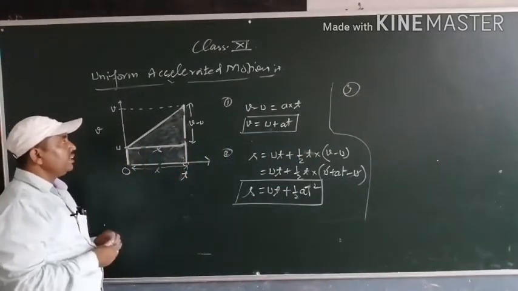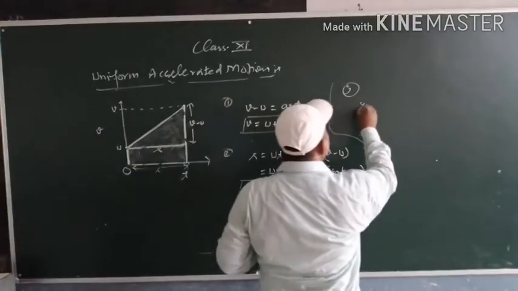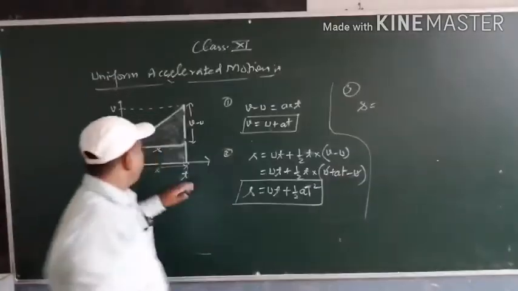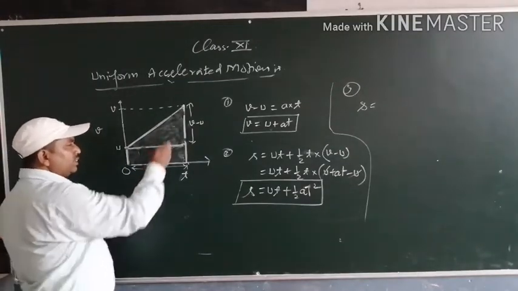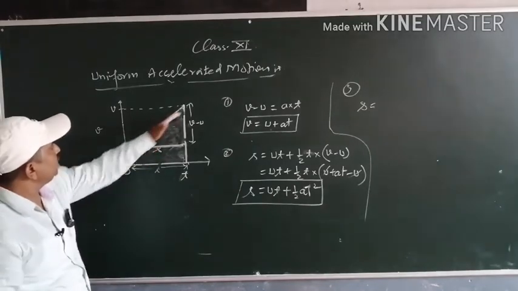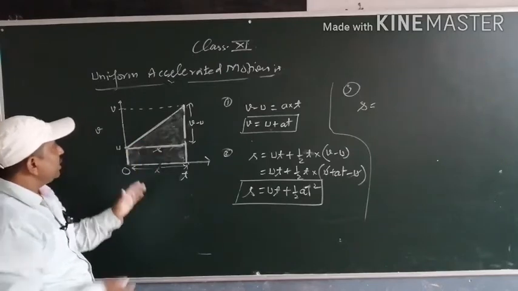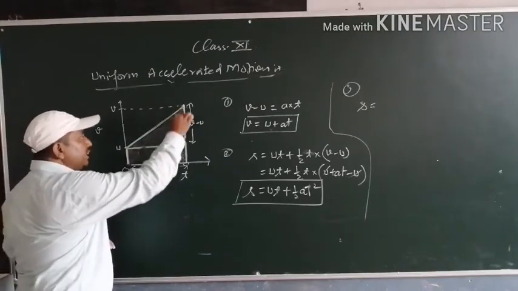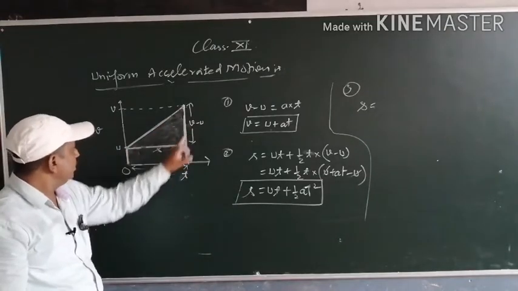Now if we want to derive the third kinematic equation with the help of this graph, we again use the displacement of the object. We know that the displacement is equal to the area swept under the Vt graph.